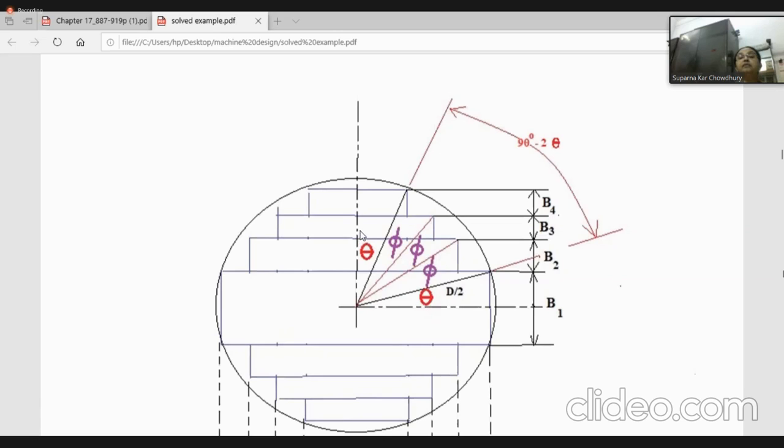Now we also make this angle theta so that this and these are equal, and the remaining angle, that is 90 minus 2 theta, is divided equally. Now if we have 4 steps, then we have 3 sectors in between. So 90 minus 2 theta is divided by n minus 1.